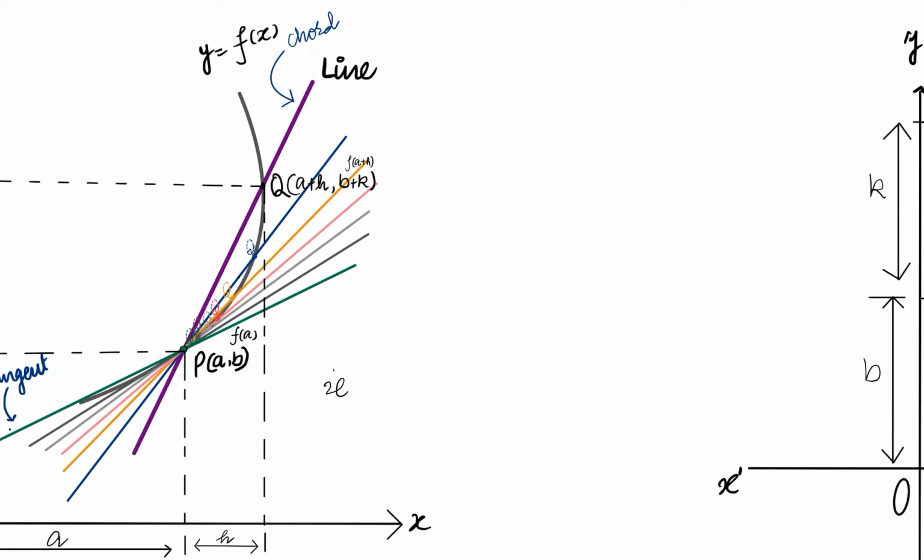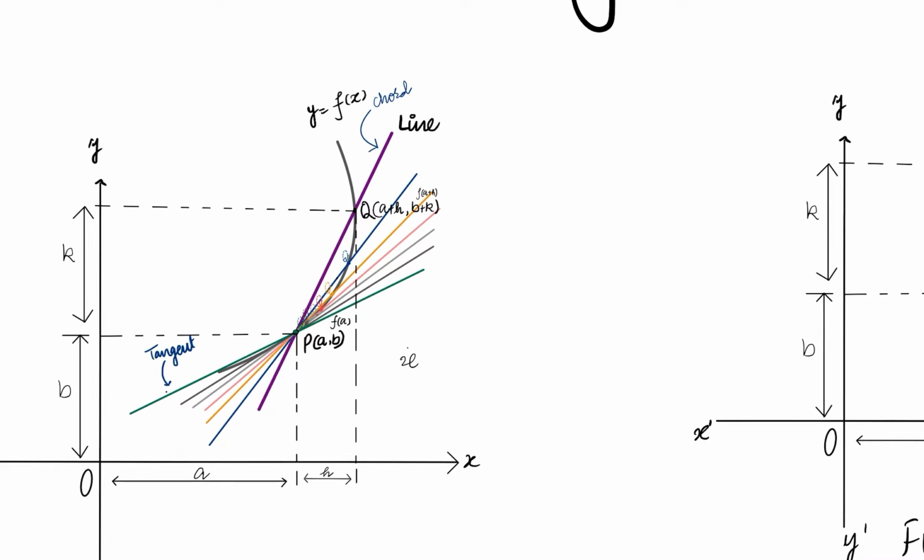So when it starts moving towards P, it looks like this. It will move in this way. So finally, you see this line which becomes the tangent because it touches the curve at exactly 1 point.